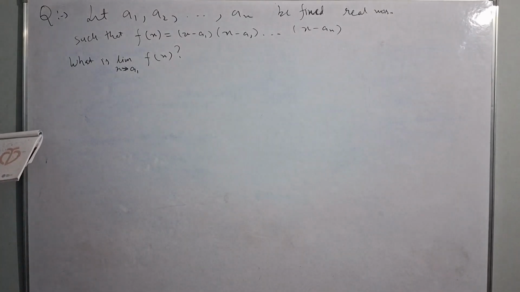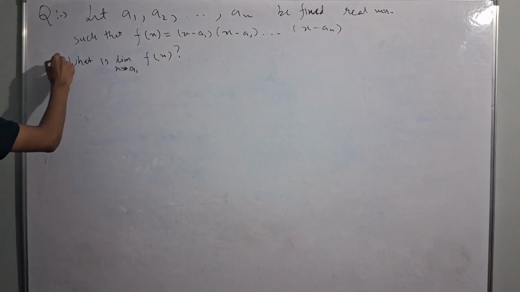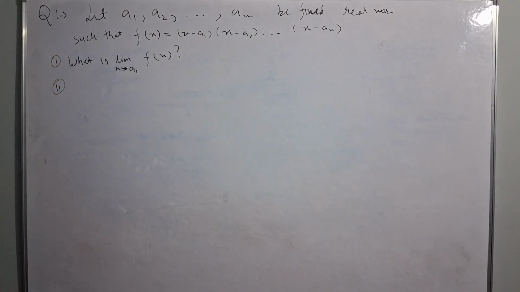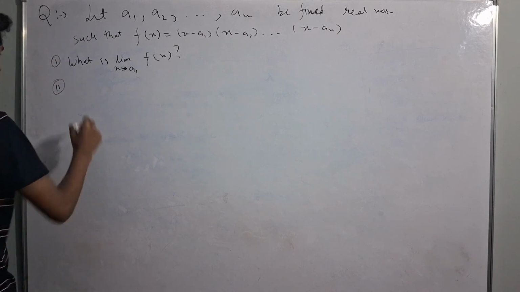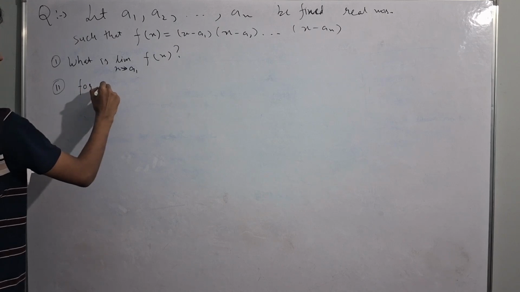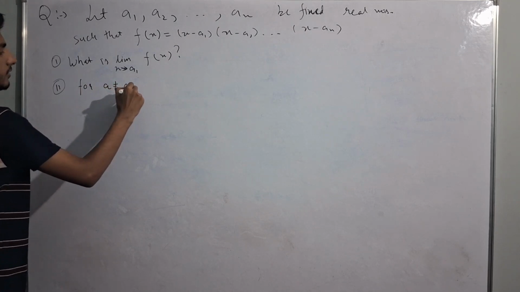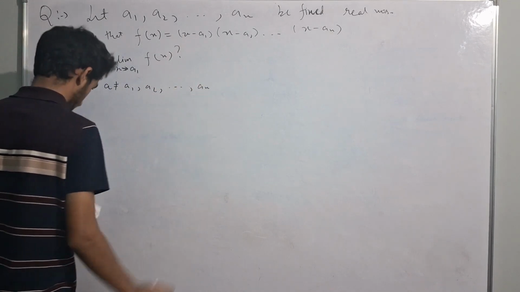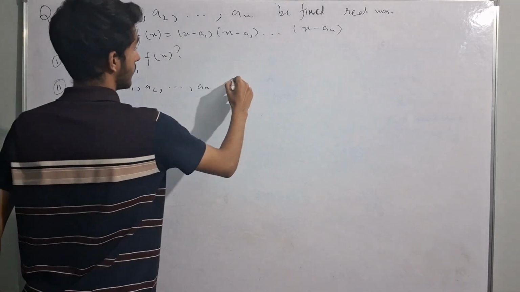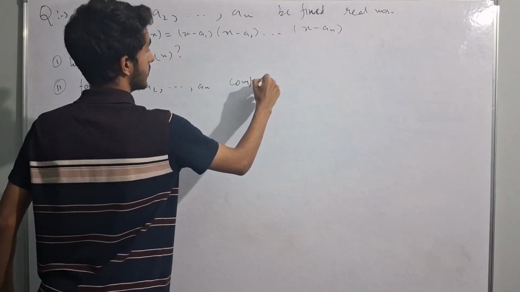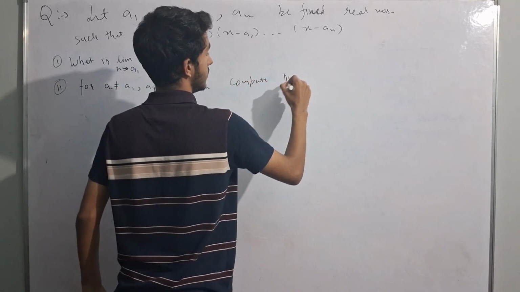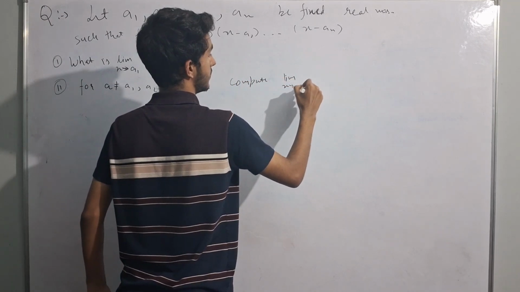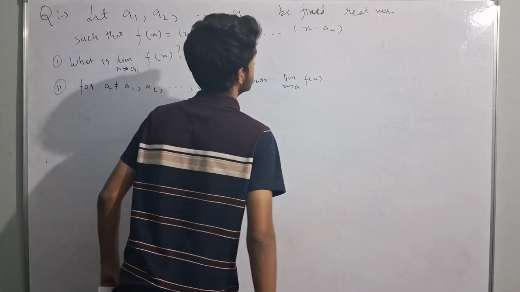And the second question is, for a not equal to a1, a2, up to an, compute limit x tends to a of f(x).